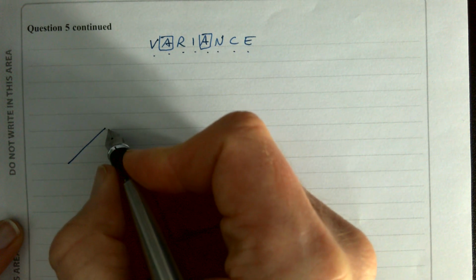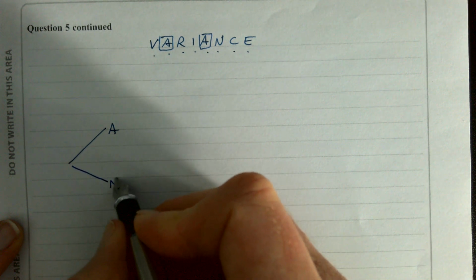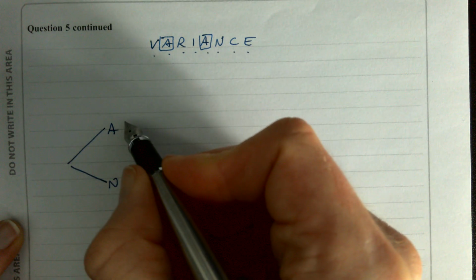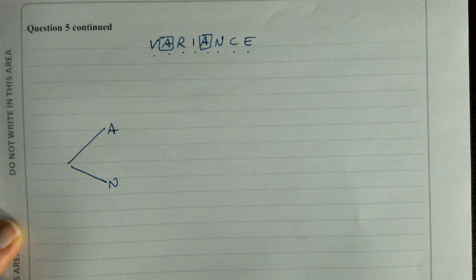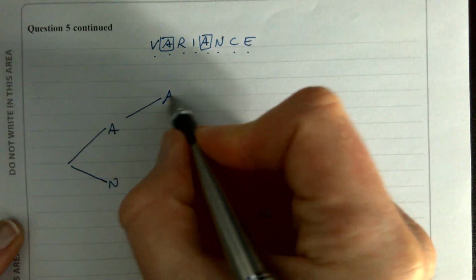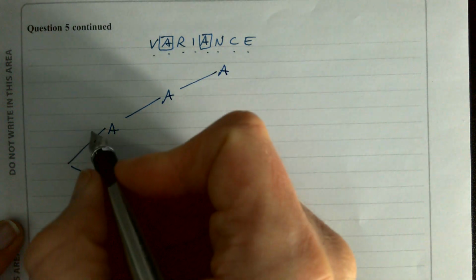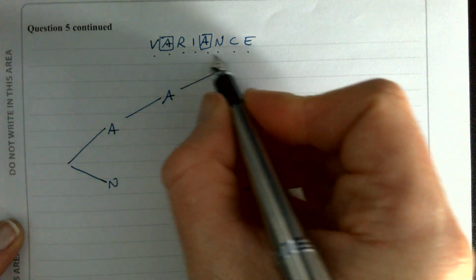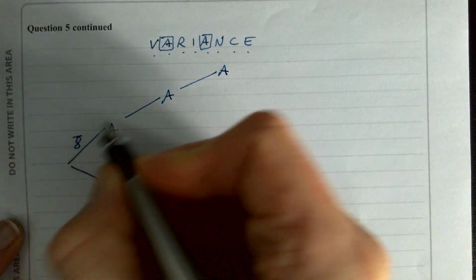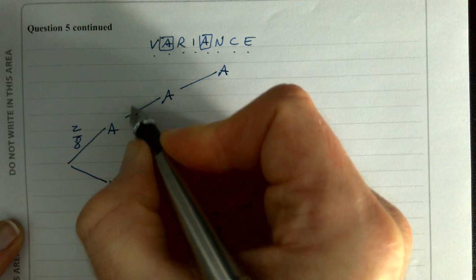So you could get an A or not an A first time. So it could be A and then A and then A. Now because it's without replacement, for the first one we've got 1, 2, 3, 4, 5, 6, 7, 8 letters. 2 of them are A's, aren't they? So we've got 2 over there.